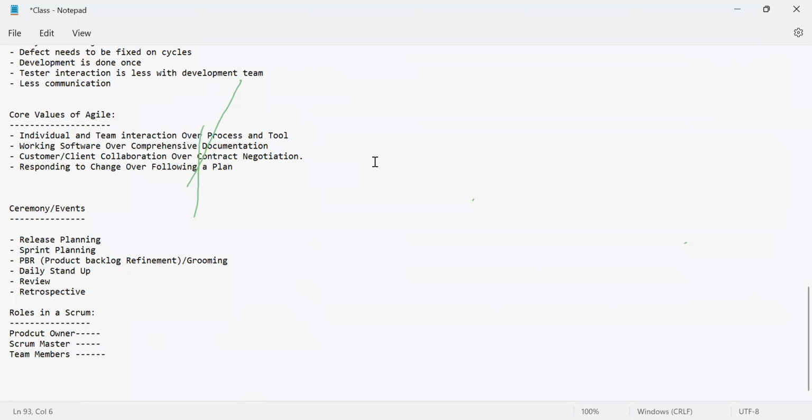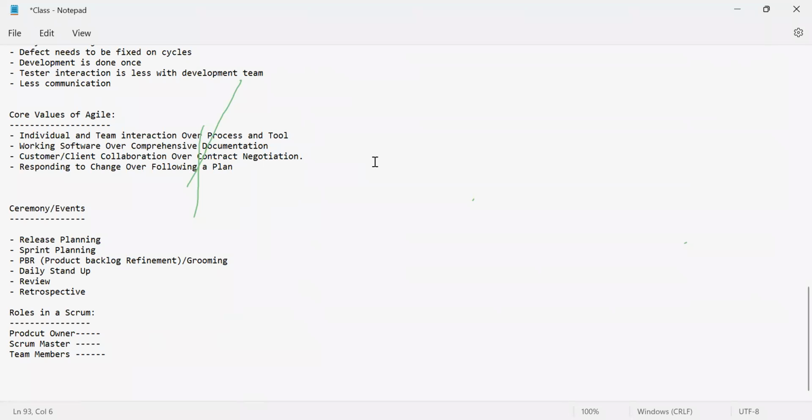Very good question. See, during sprint planning, the complete Scrum team will be part of it. While the team is discussing a particular story, the developer picks up the story, and even the test engineer is there as part of this sprint planning.